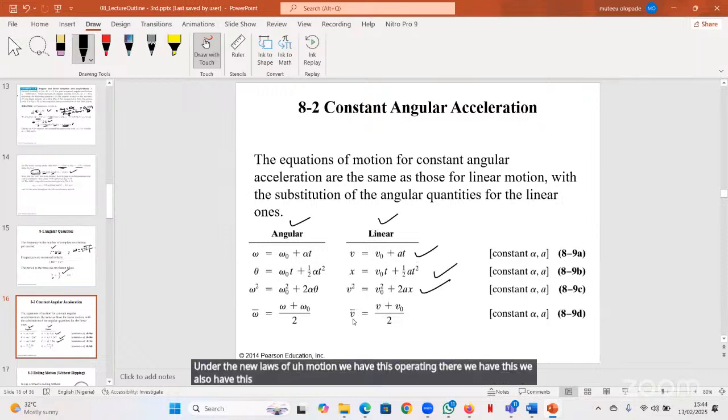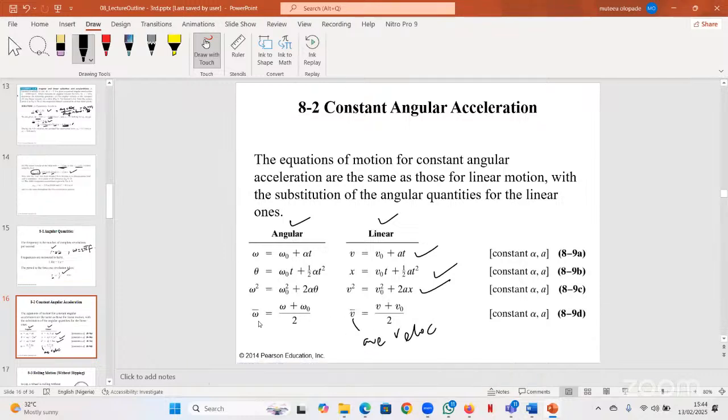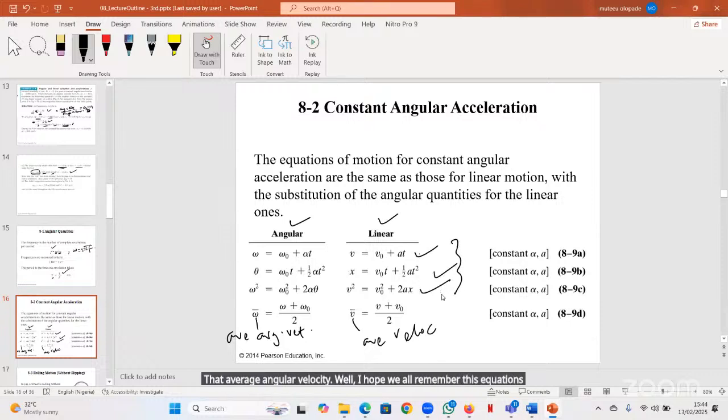This is average velocity. This is average angular velocity. But I hope we all remember these three equations.